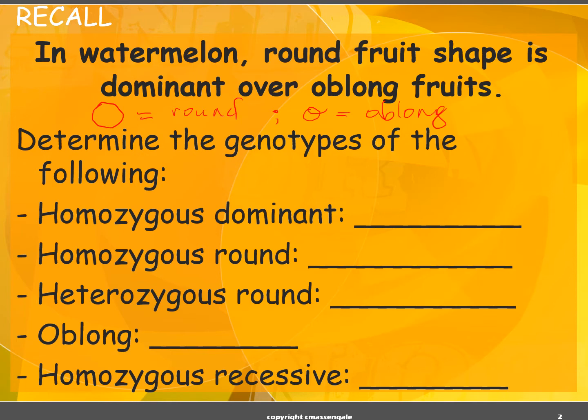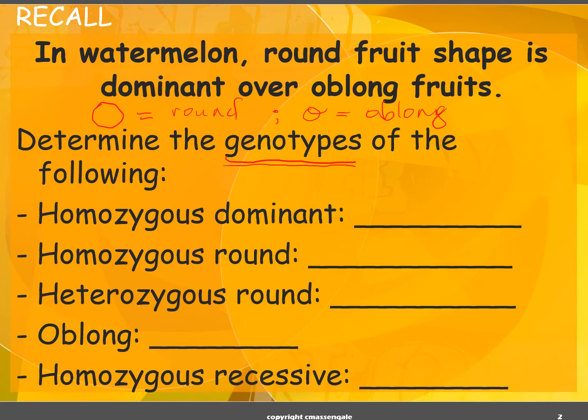Determine the genotypes of the following. Now, take note, class, that genotypes are represented by two letters. Let's start. Homozygous dominant. Again, when we say homozygous, it means that it is a genotype composed of two same alleles, so capital, capital, or small letter, small letter.